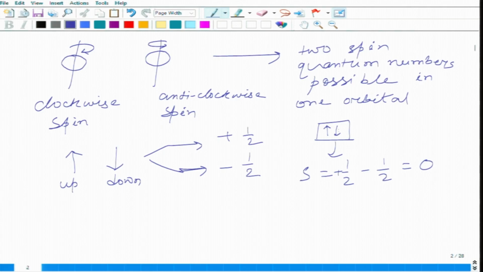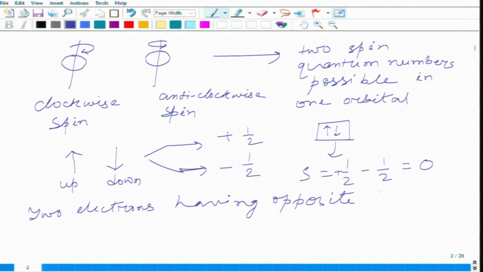So, 2 electrons can occupy one orbital and the stable conformation is with 2 opposite spins. This is the spin quantum number. 2 electrons having opposite spins cancel each other. So, for one orbital there can be 2 spin quantum numbers.